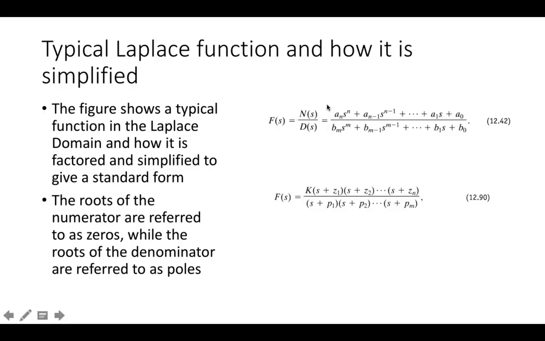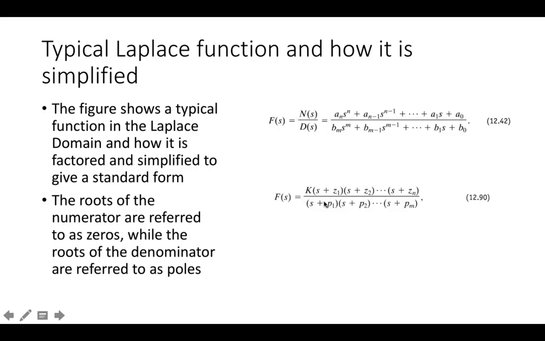So this one will come out as an a, this one will come out as a b. This will be a polynomial whose leading coefficient is 1, same in the denominator. a_n over b_m is then given the notation k, which is a constant.